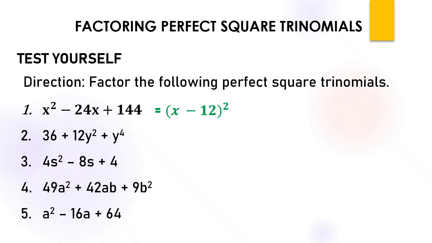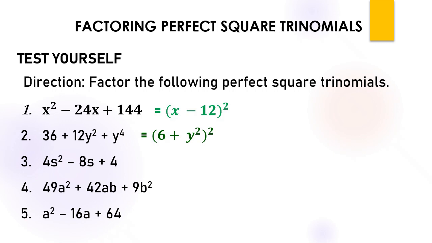Since the middle term is positive, our pattern or our factor for this one is the square of the sum of a and b. Therefore, the factor is the square of 6 plus y squared. Our a is 6 and our b is y squared.